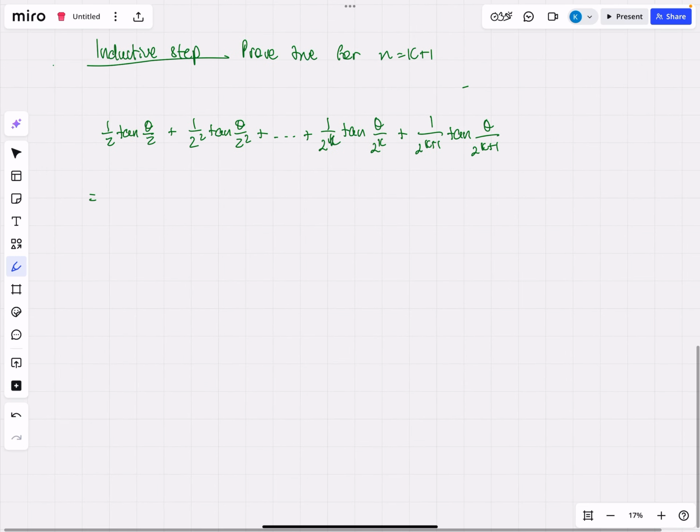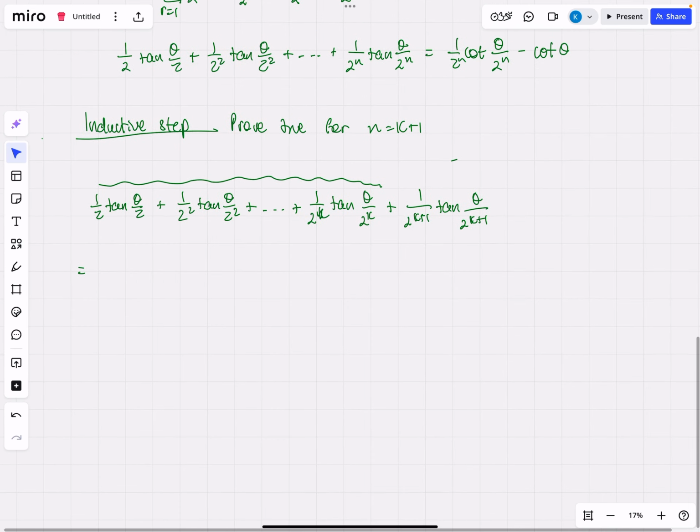Okay, so that's going to be, by our assumption, this part is equal to 1 over 2 to the k cot theta over 2 to the k minus cot theta plus 1 over 2 to the k plus 1 tan theta over 2 to the k plus 1.